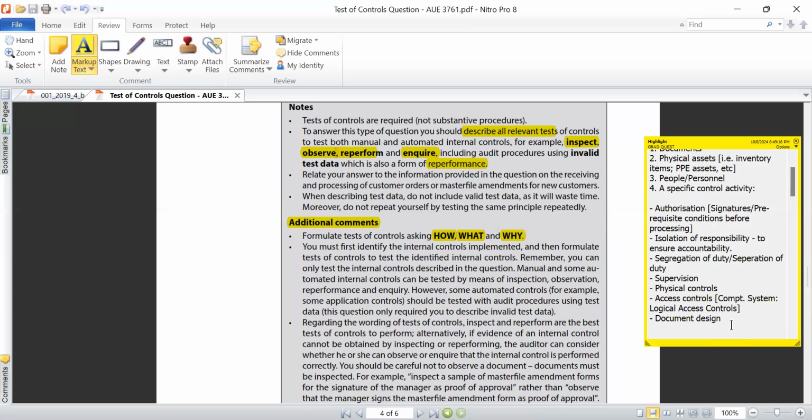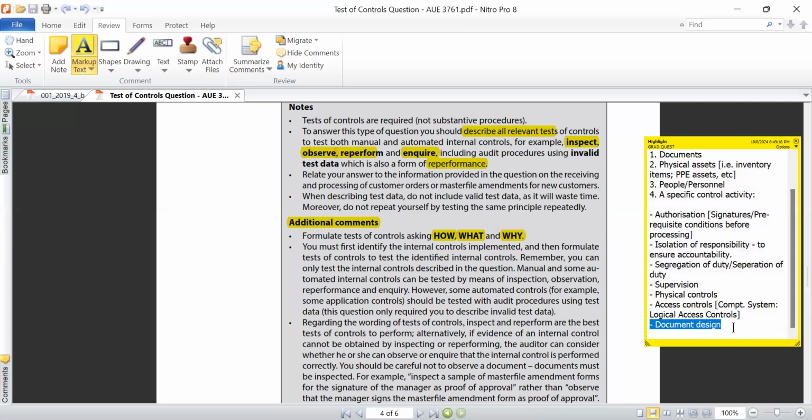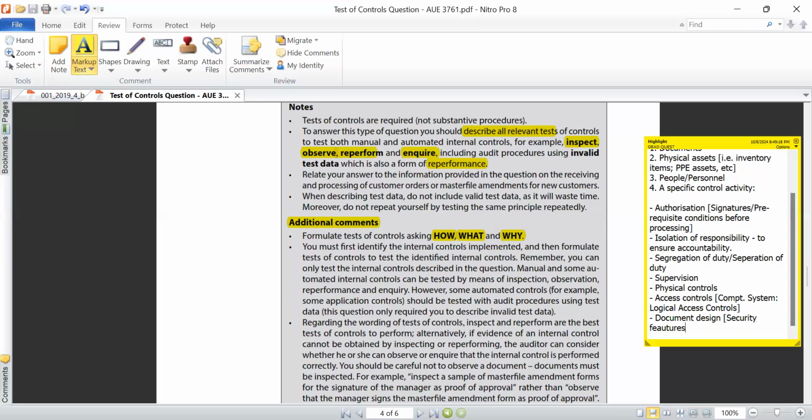Then document design is about security features on a document. That's what we are checking for with regards to security. Documents should be sequenced or pre-numbered, and there should also be multiple copies generated.